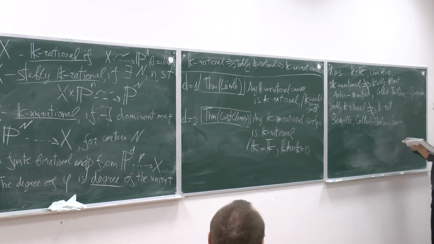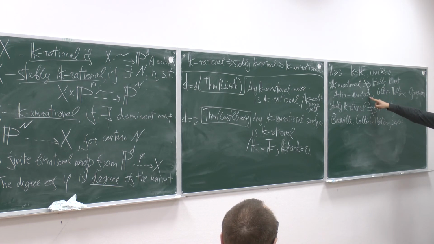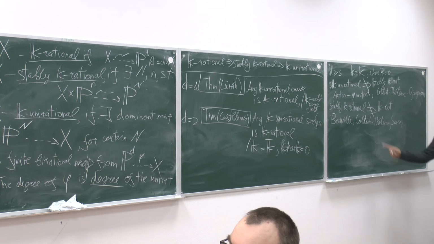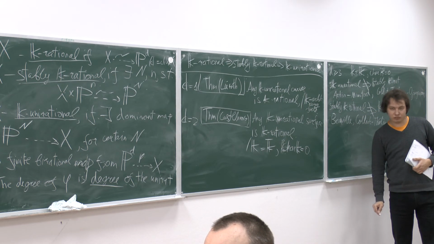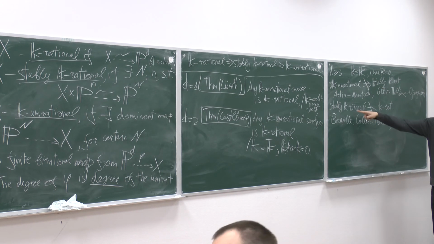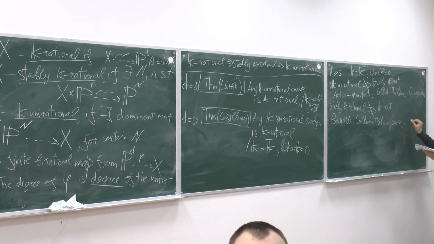But the standard Clemens examples with the intermediate Jacobian, don't they work? I think in these examples they use techniques to show stable rationality. Yes, but it's very non-trivial. If you multiply this, the intermediate Jacobian doesn't change. No, it's not unirationality, it's very, very irrational. Sorry, yes, it's a different word.